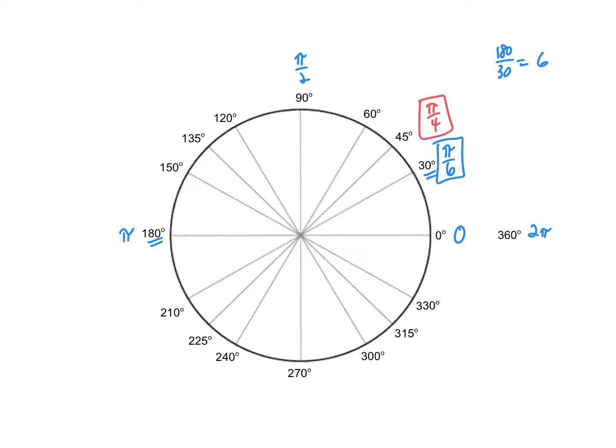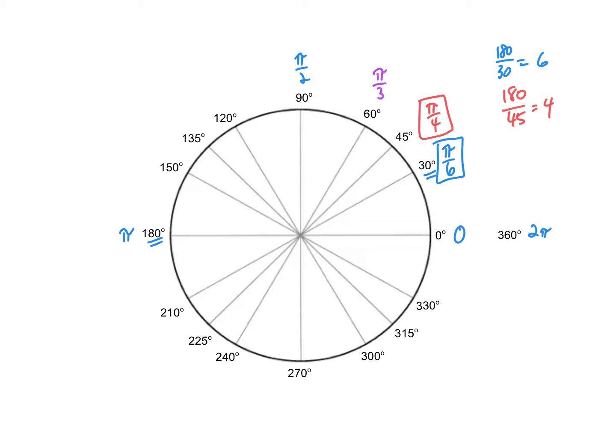If that didn't make any sense, really all we're doing is 180 divided by 45. That's 4, and that tells me that this would be 1/4 of 180. Okay, let's switch up colors here. Let's go to purple. So 60 goes into 180 how many times? Well, it's 3 times.